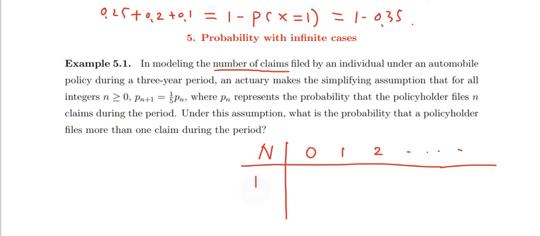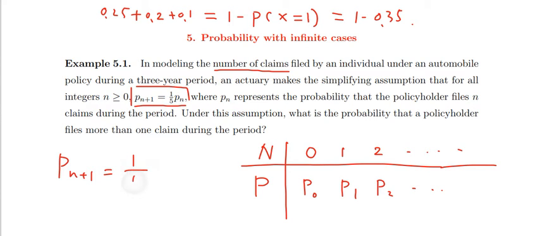We denote the probabilities as P0, the probability of no claim, P1, and P2. The probabilities have this relationship: Pn plus 1 equals 1 over 5 Pn.